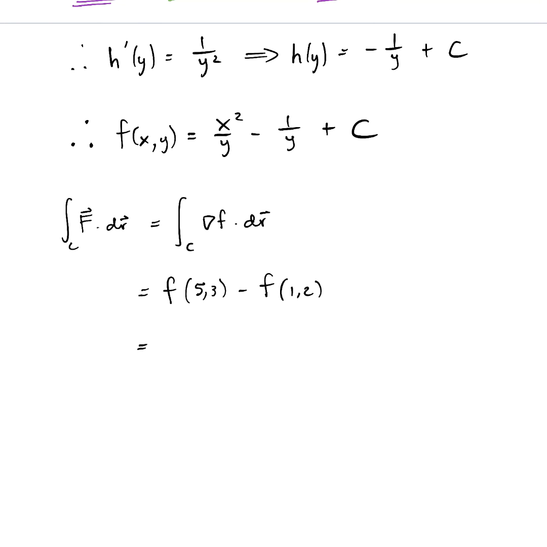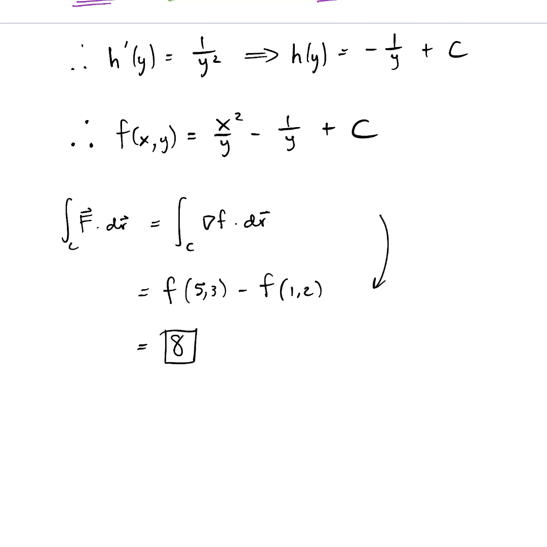Let's do f of 5, 3, that's 24 thirds. So 8. Take away f of 1, 2, which is 0. So the answer is 8.